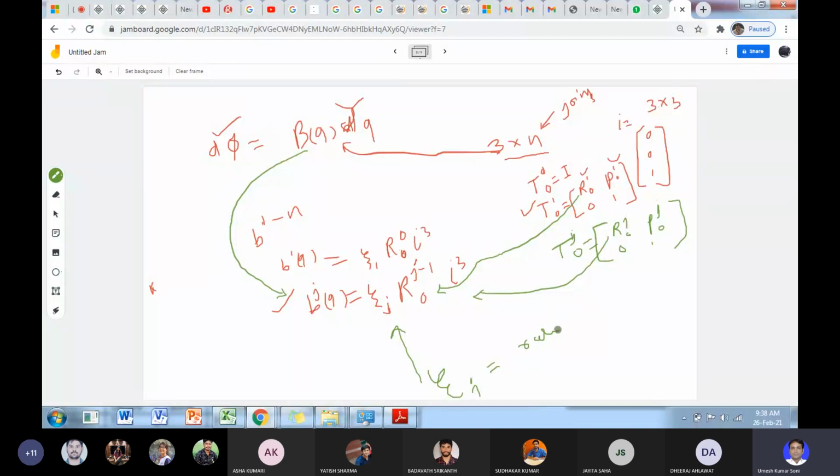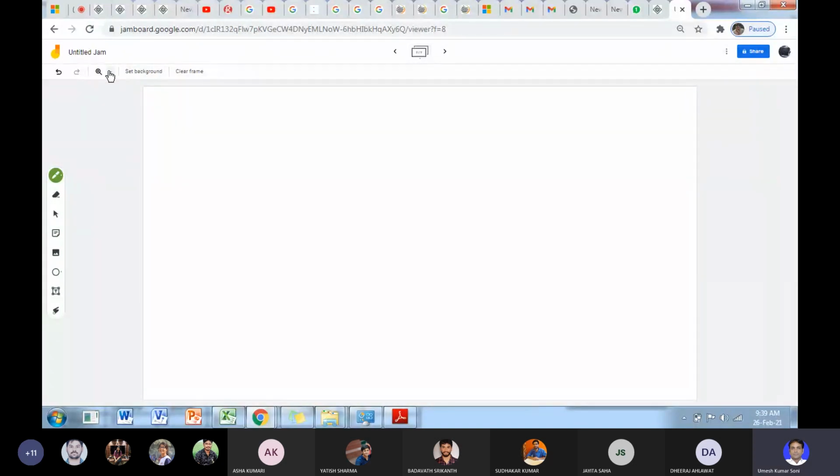For revolute we keep it as 1, for prismatic we keep it as 0. This is the convention taken here. So Xi is equal to 1 for revolute and 0 for prismatic. Okay, is it clear up to here? It may not be clear, because it is going a bit tough.